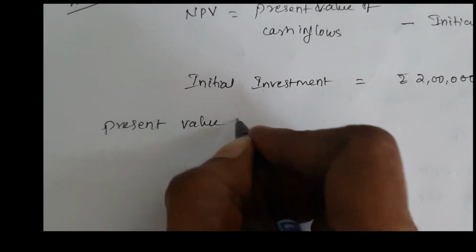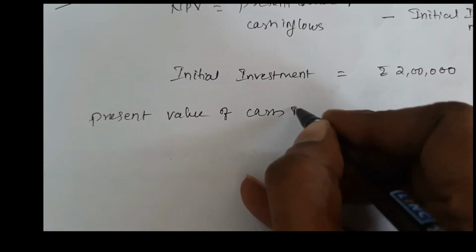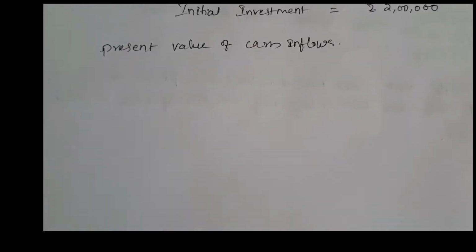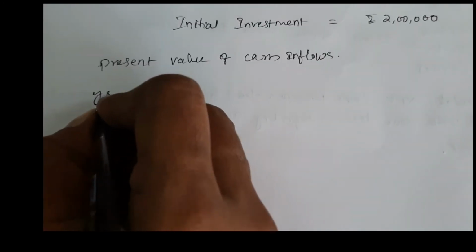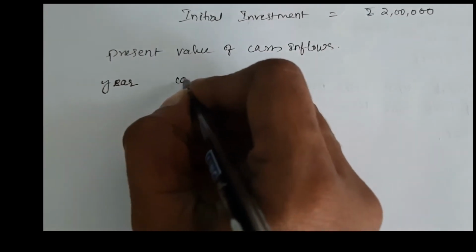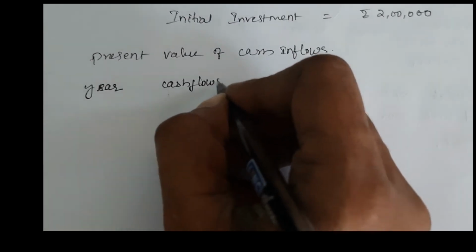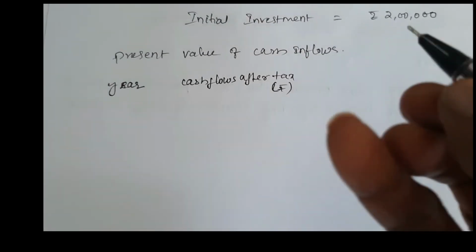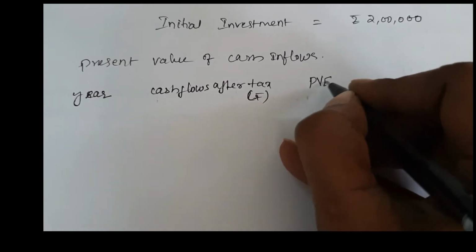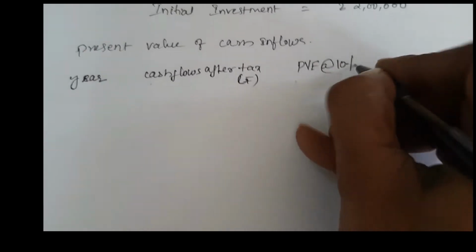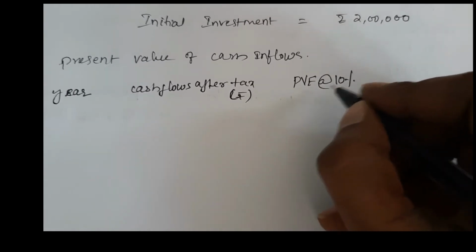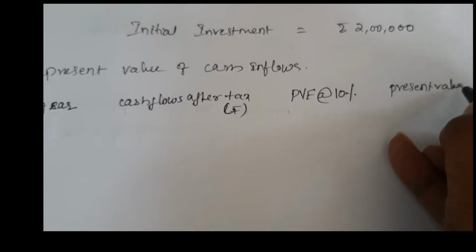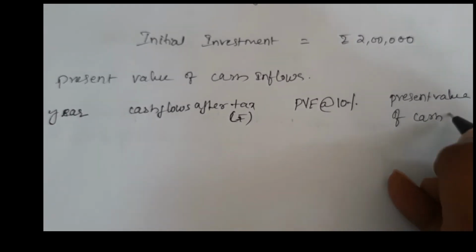Present value of cash inflows, for which we need to follow a table format wherein the first column is the year, next cash flows after tax in rupees will be the second column, then present value factor at the rate of 10%, that is the cost of capital given in the sum, then present value of cash inflows.